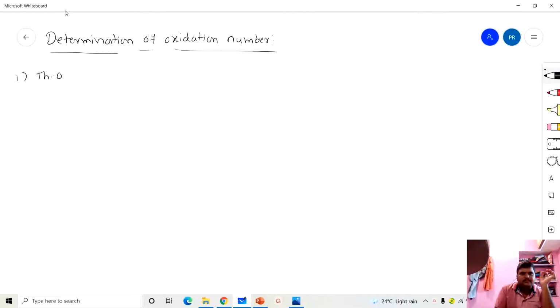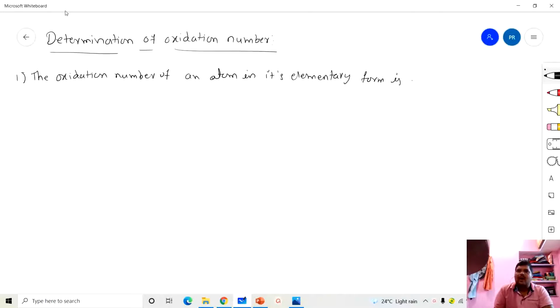The oxidation number of an atom in its elementary state or elementary form is always 0.